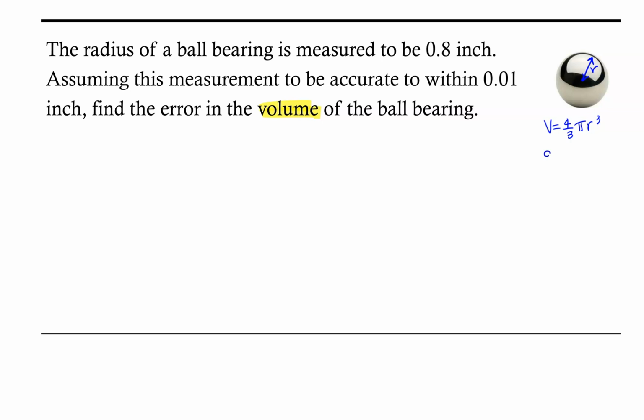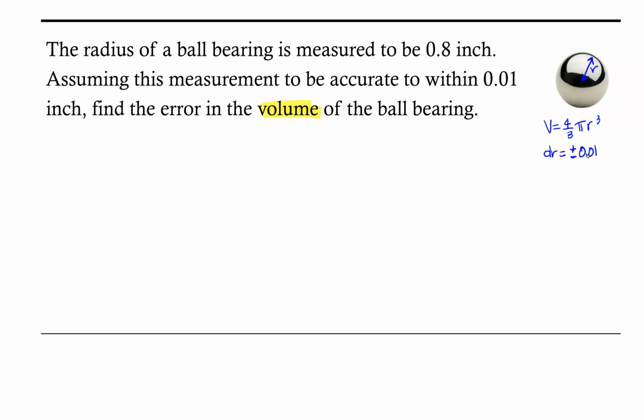That means that the error in the measurement of the radius could be larger by 1/100th of an inch, or it could be smaller by 1/100th of an inch. So the error in our measurement of the radius is within plus or minus 1/100th of an inch.